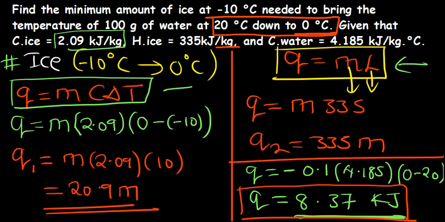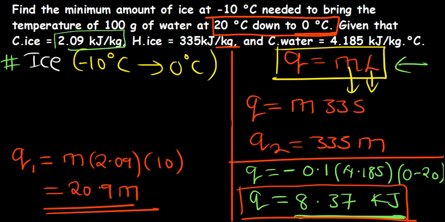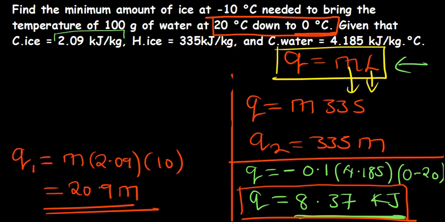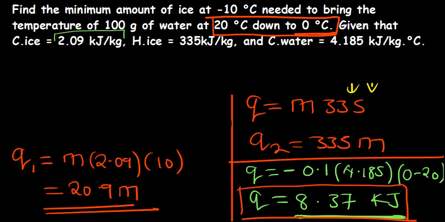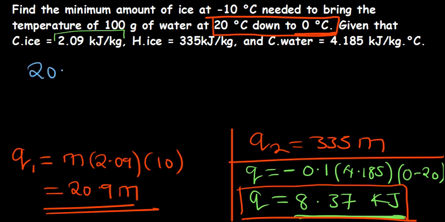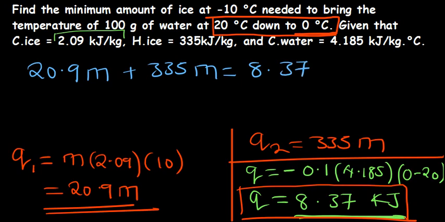So that's the value of the mass now. So in short, the amount of energy required by the ice to raise its temperature from negative 10 to 0, plus the amount of energy required by the ice to change state, should be equal to the amount of energy that is going to be lost by the water for it to reduce temperature. Okay.